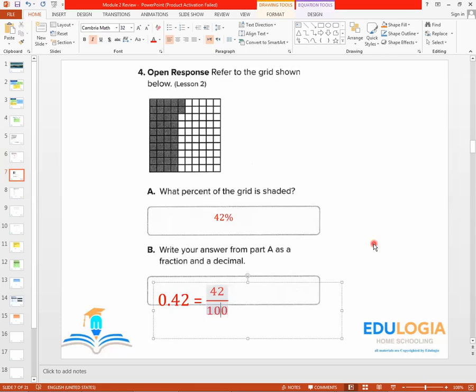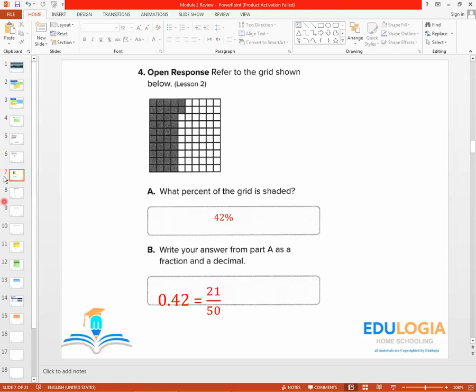Down, dividing by 2 is 50. Up, divide by 2, it's 21. So it's 21 over 50 in the simplest form.